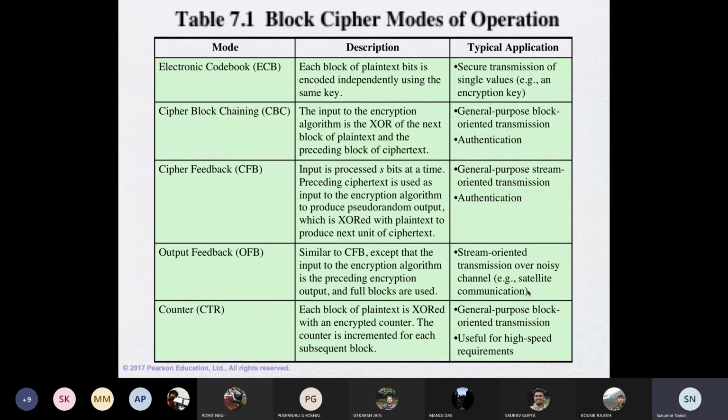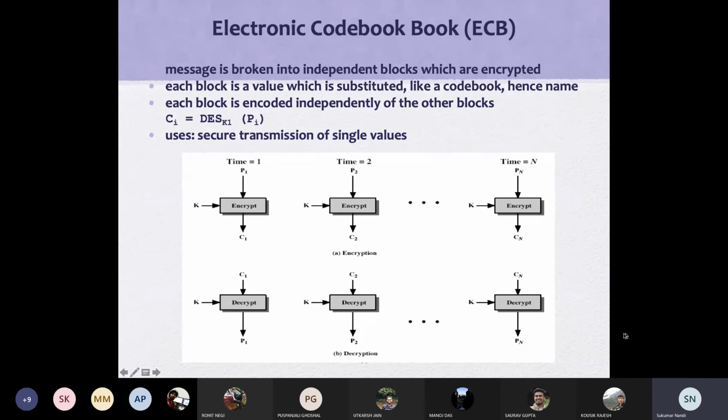We will discuss after a few slides. OFB, output feedback, is basically used in stream oriented transmission or stream cipher based cases where the noise possibility is very high. We'll see that in subsequent discussion. Counter mode is similar to the others, but it is for high speed requirements.